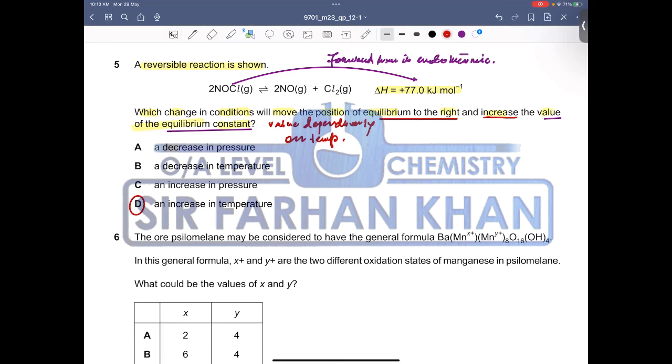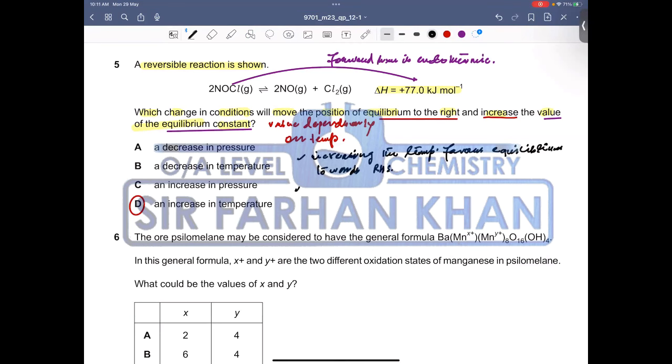Okay. So let me write a few words here for your reference. First is increasing the temperature favors equilibrium towards the right hand side.